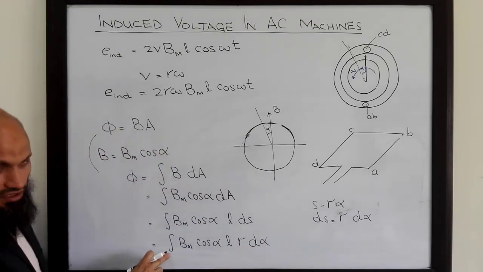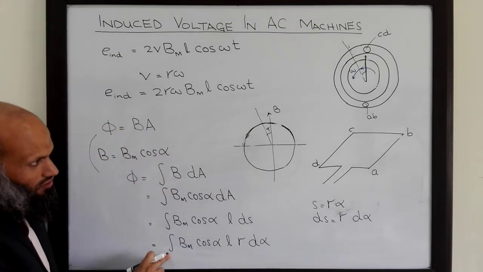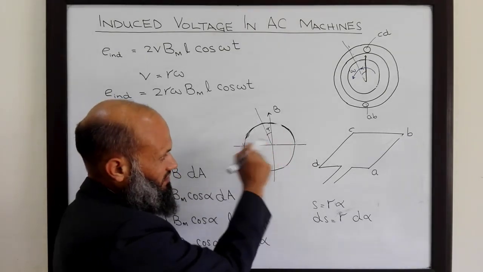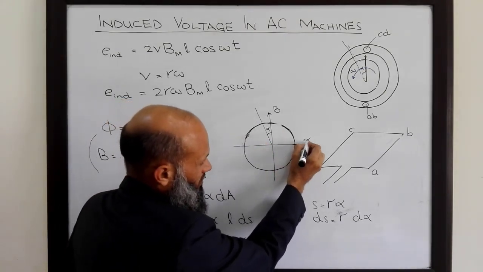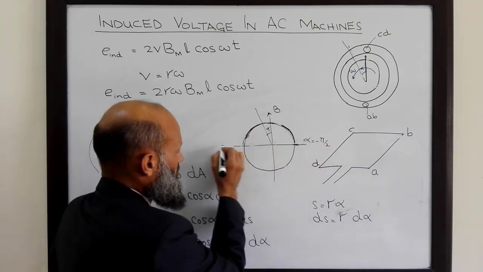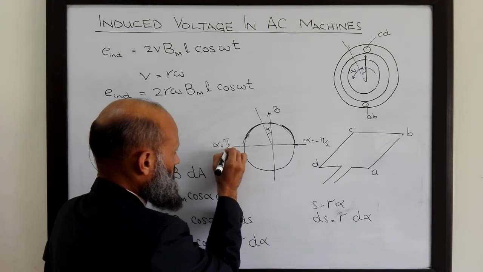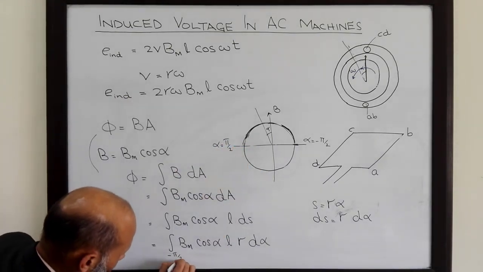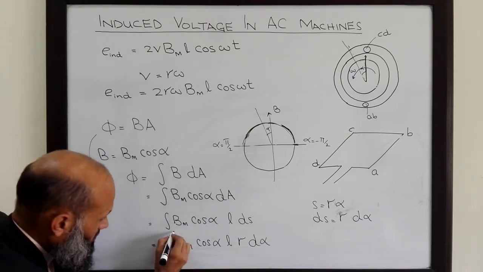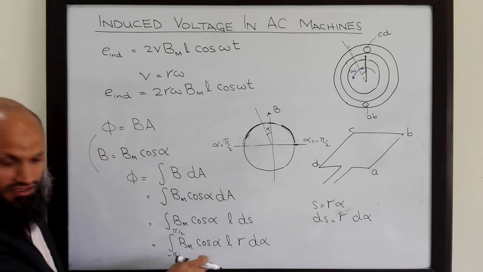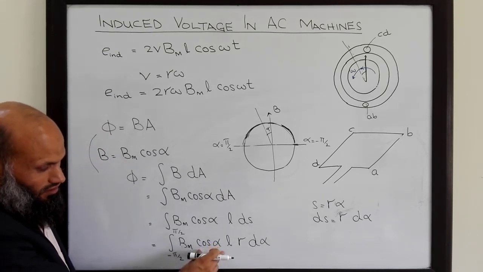And what should be the limits of integration? We are going to integrate over the half cylinder, that is from alpha equal to minus pi by 2 to alpha equal to pi by 2. You can easily evaluate this integral.